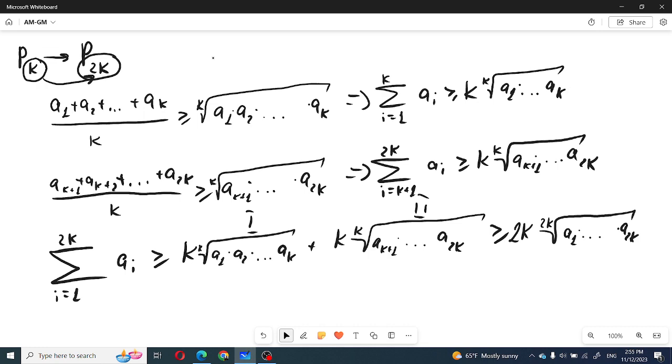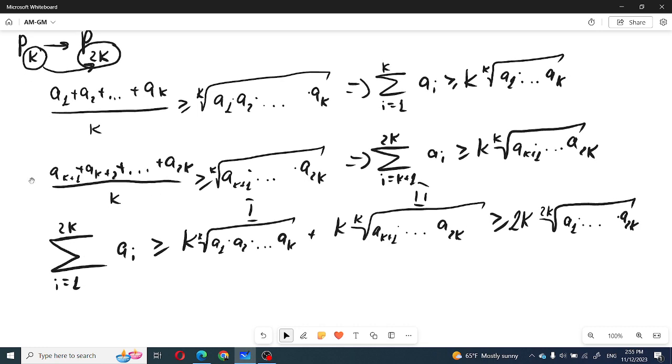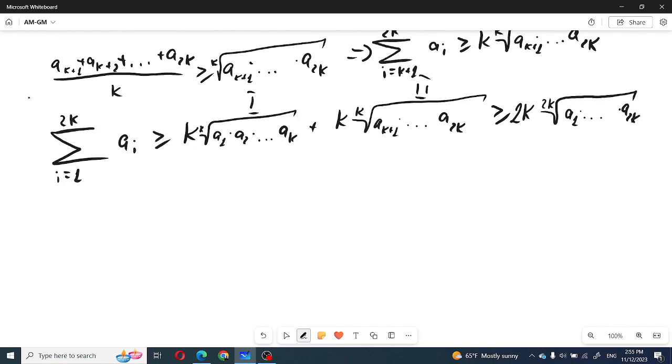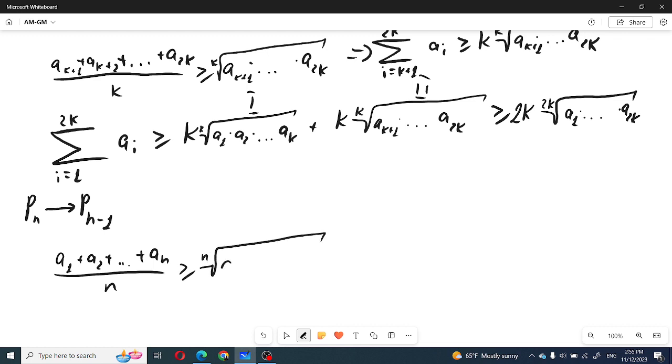To finish our induction, we need to show how we can get back from some point n to n minus 1. And how can this be applied to our inequality? Because we know that (a1 plus a2 plus all the way up to an) over n is greater than or equal to the nth root of a1 times a2 times all the way up to an.